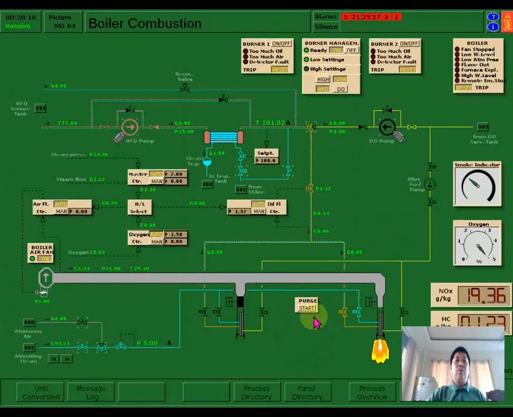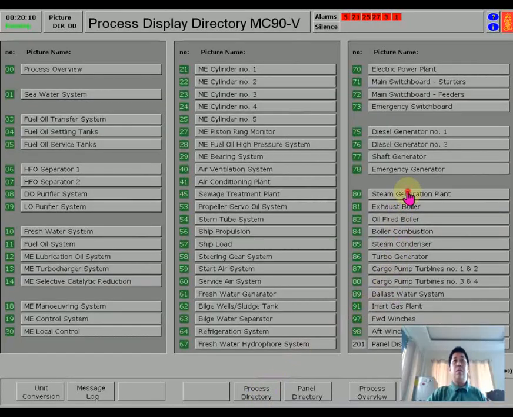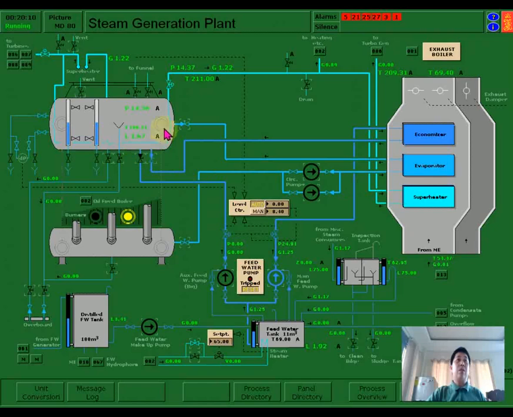Just remember your boiler combustion is firing in a low flame, firing only one burner, which is number 2 burner. We'll see what happens now. So steam generation. I will drain some steam.